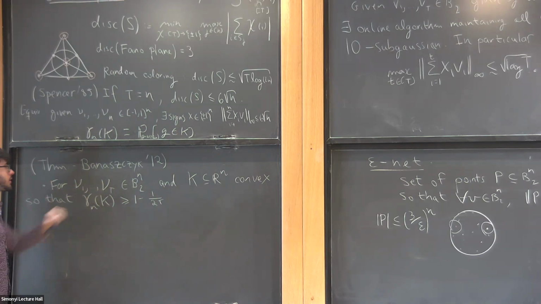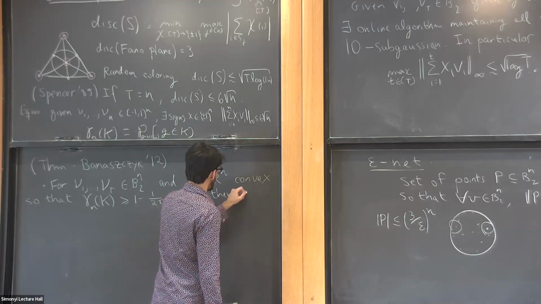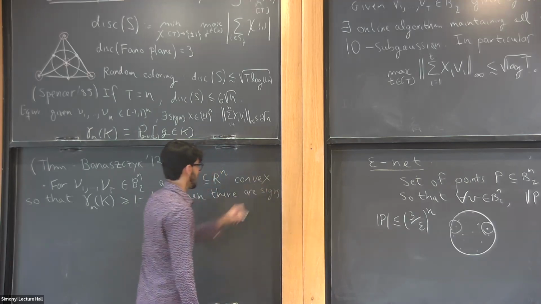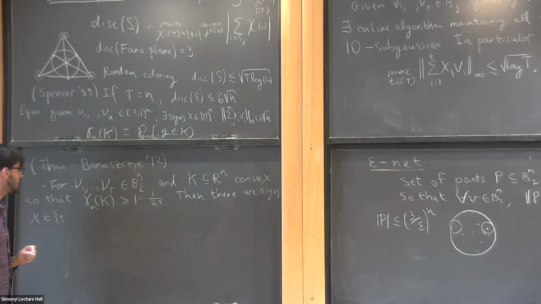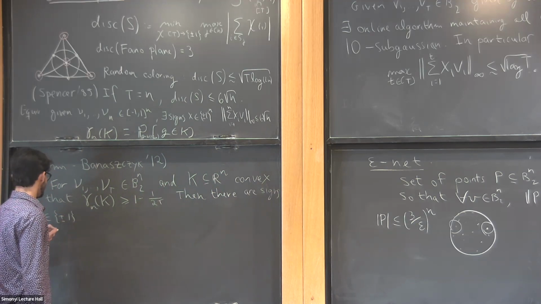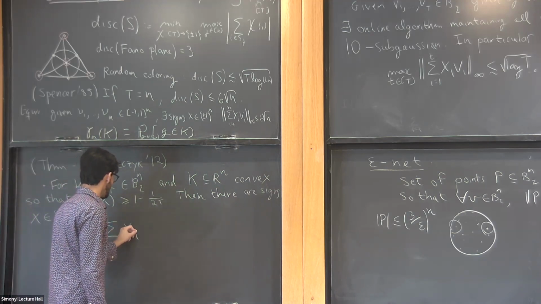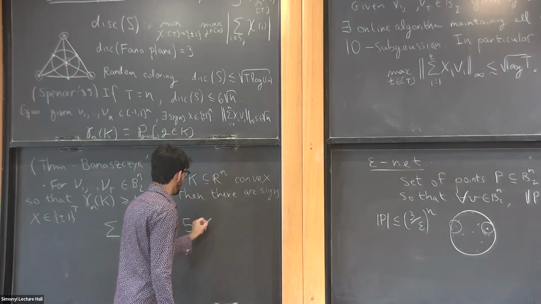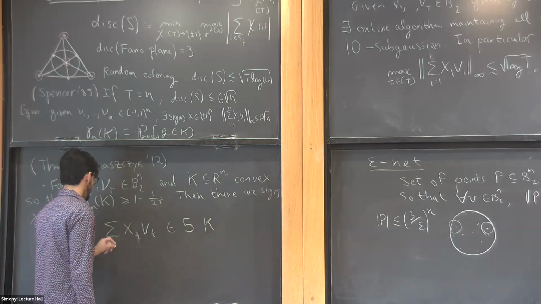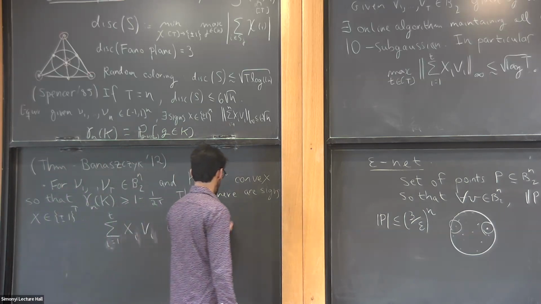So the promise is that if I have such a setup, then there exist signs for every vector so that all prefix sums are in a scaling of K, well, 5 times K. I want actually all prefix sums, so I'll write i equals 1 to t, and I want this for all t.